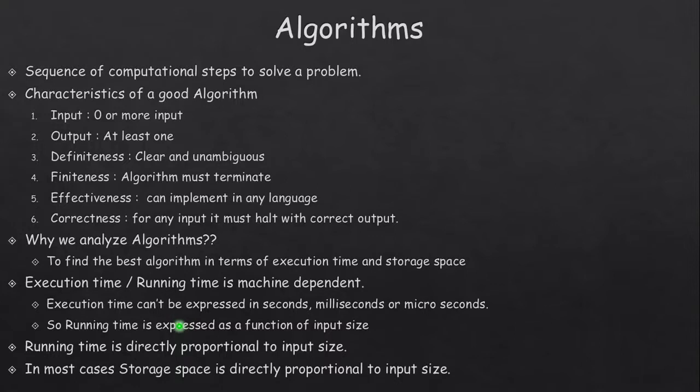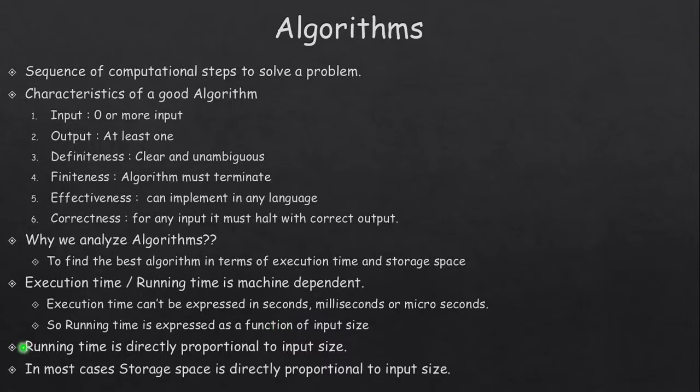In the hello world example, the size of the input in the first case is 10, in the second case 100. So definitely the running time to print hello world 100 times is greater than the time to print it 10 times. So how we write the function, we will discuss later.